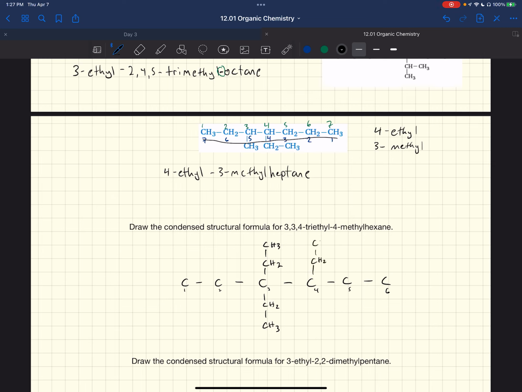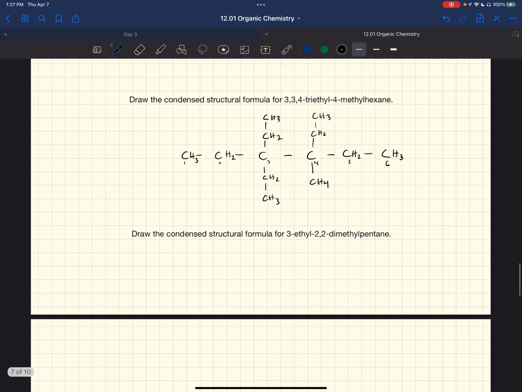And then another ethyl group coming off of 4. And then a methyl group there. And now I can go back through and fill in all the other hydrogens in the base, the parent hydrocarbon.